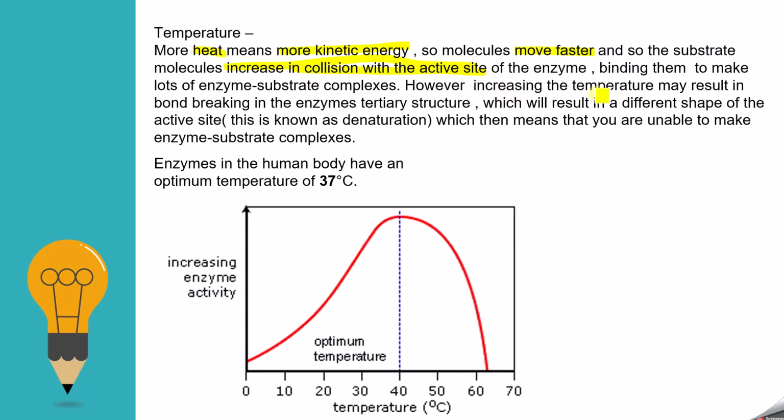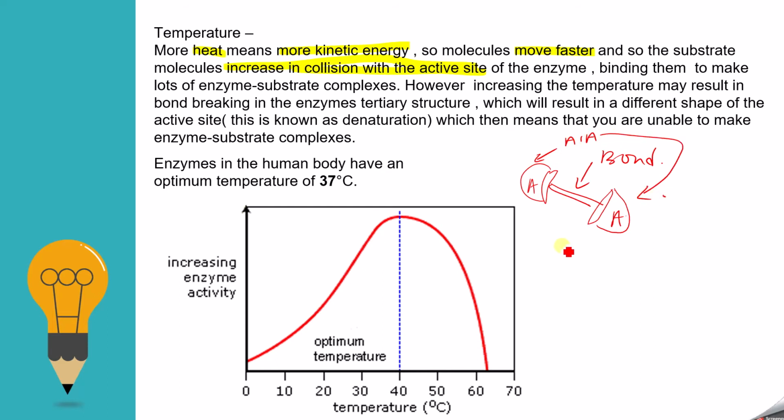However, increasing the temperature may result in bond breaking of the enzyme tertiary structure. So imagine here are two amino acids which have bonded together. This is the bond, and these two are the amino acids.